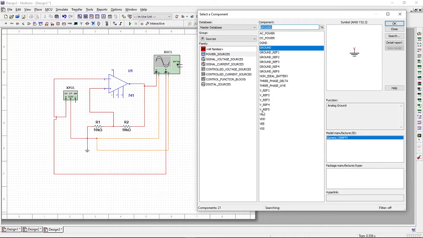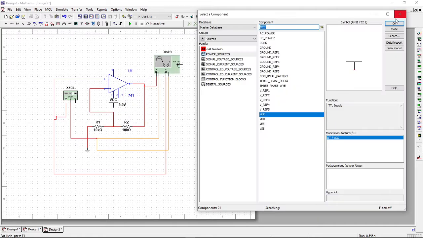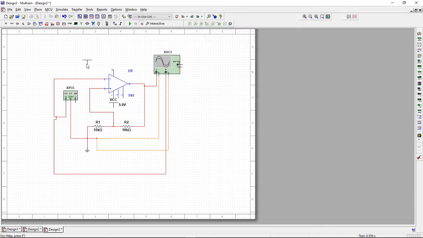In the power sources, I have plus VCC, which I should connect to the seventh pin, and my VEE to the fourth pin. Okay, for the 741, the seventh is the positive connection and the fourth pin is the negative terminal connection.